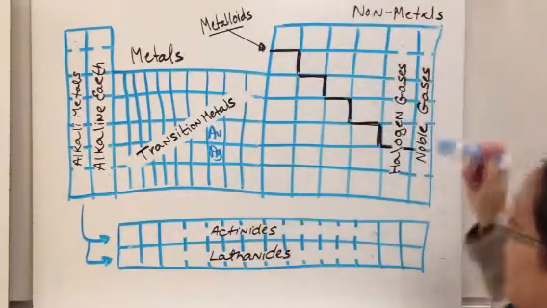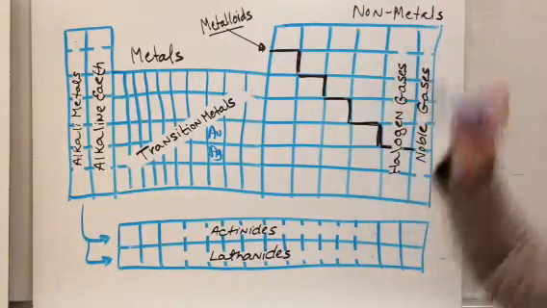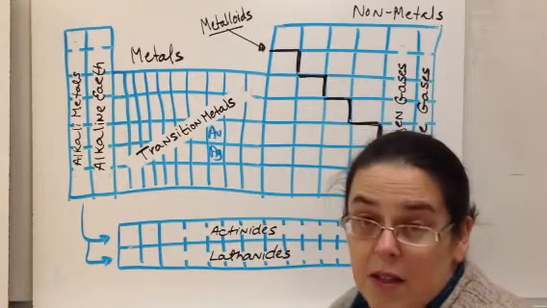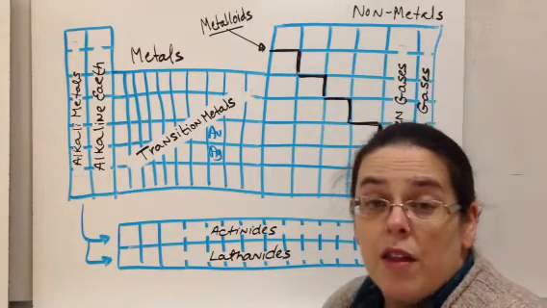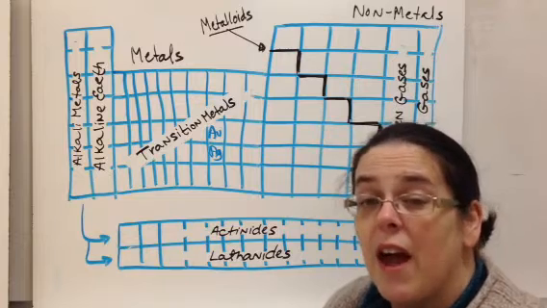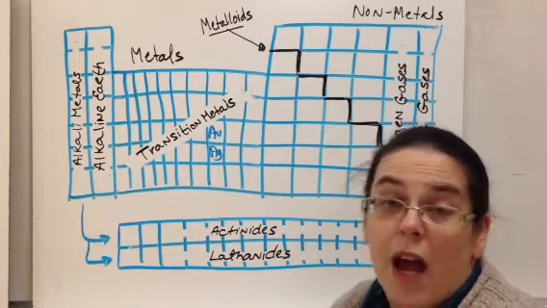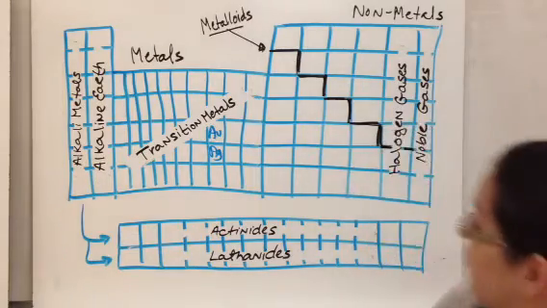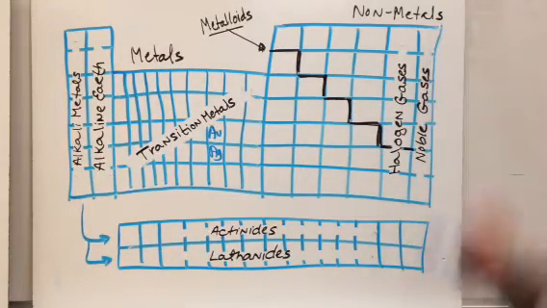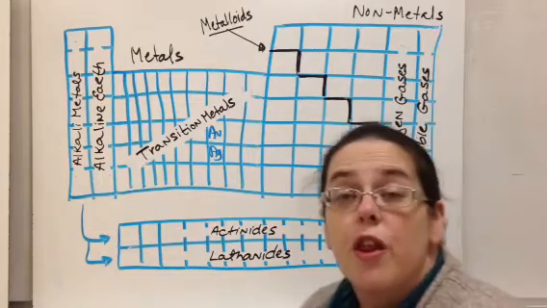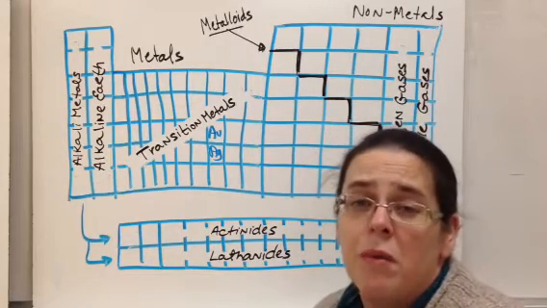Over here we have the halogens. The halogens are gases, and the halogens are also very reactive. They are non-metals, and so they're going to react with metals, which we'll talk about later too. Then we have the noble gases over here on the very, very far right. The noble gases are extremely inert.